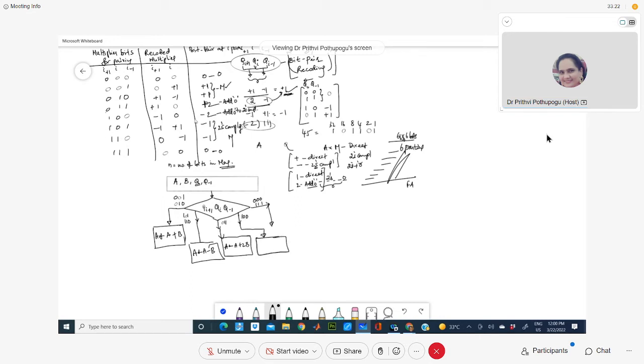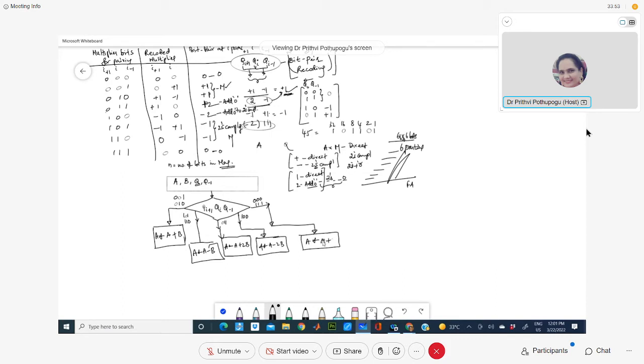1, 0, 0 is minus 2. Minus 2 means A will be stored with A minus 2B. That means we add the B value with 0, and that too will be the 2's complement. If you take that, it becomes the subtraction. If it is 0, 0, 0 or 1, 1, 1, it is an operation of A plus 0.